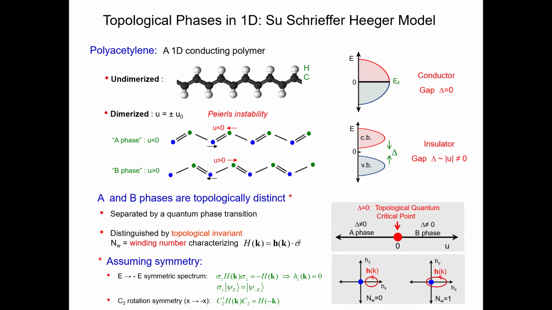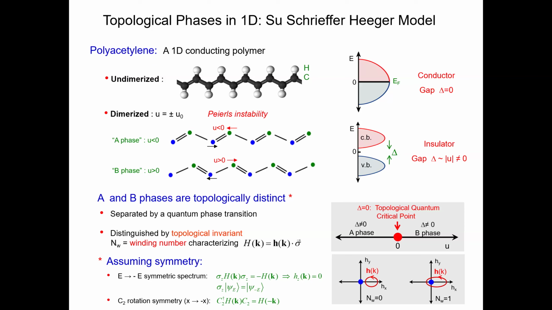There are actually two that are interesting to think about. One symmetry, which is a little bit counterintuitive, is that if you look at the spectrum as a function of energy in this simple model, the conduction band looks exactly like the valence band. In fact, there's a reflection symmetry in energy going to minus itself.